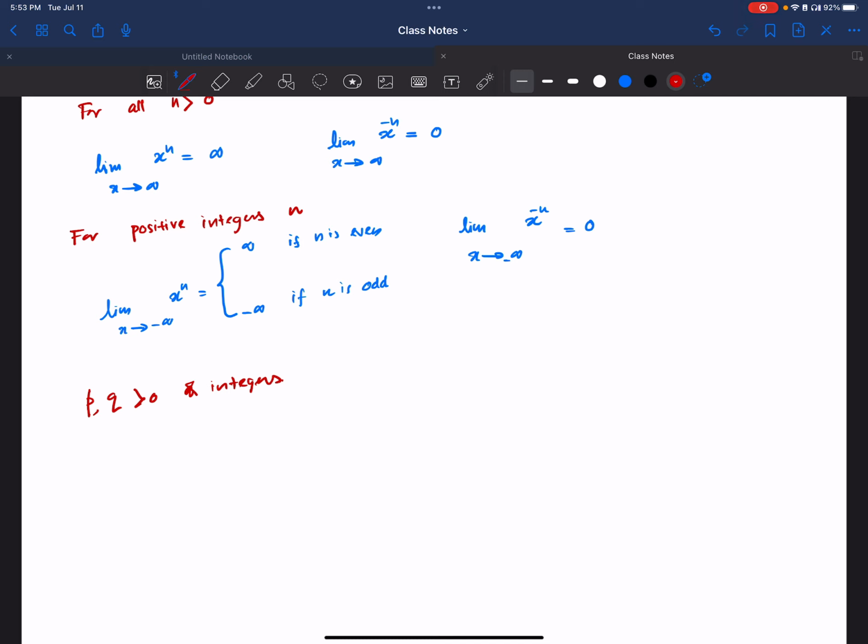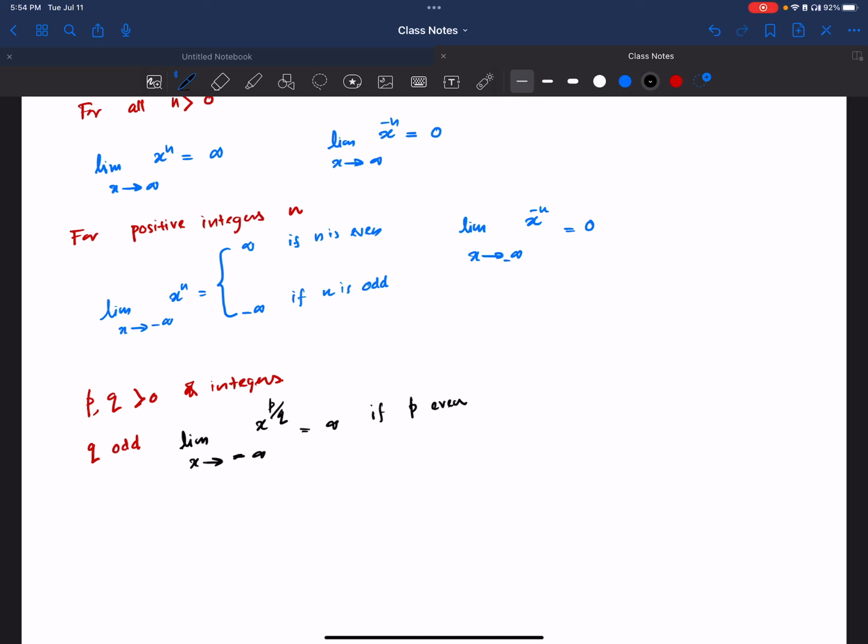So q is odd. When q is odd, the limit as x goes to negative infinity of x to the power p over q goes to infinity if p is even, right?